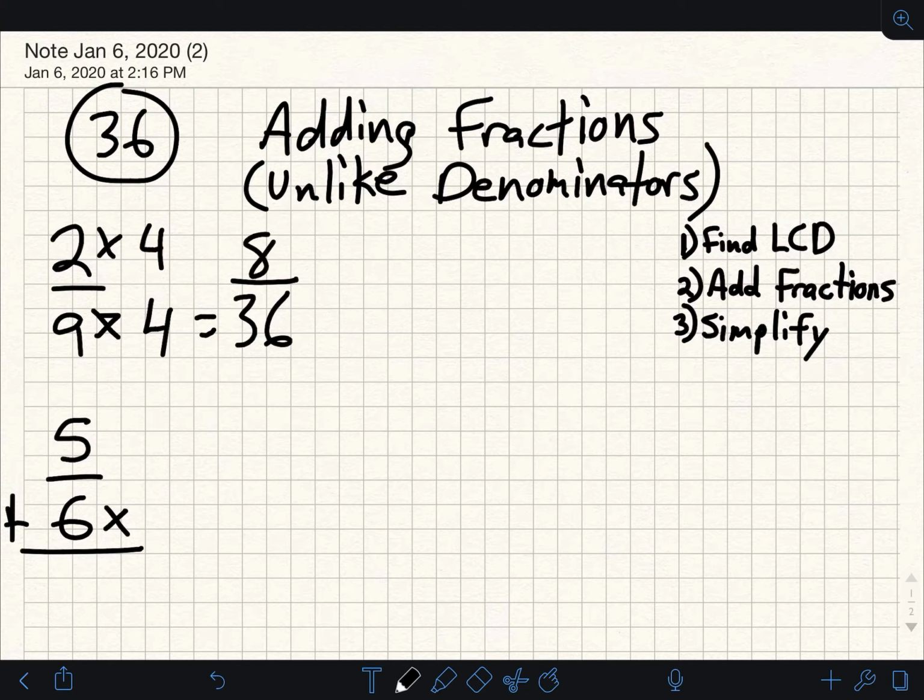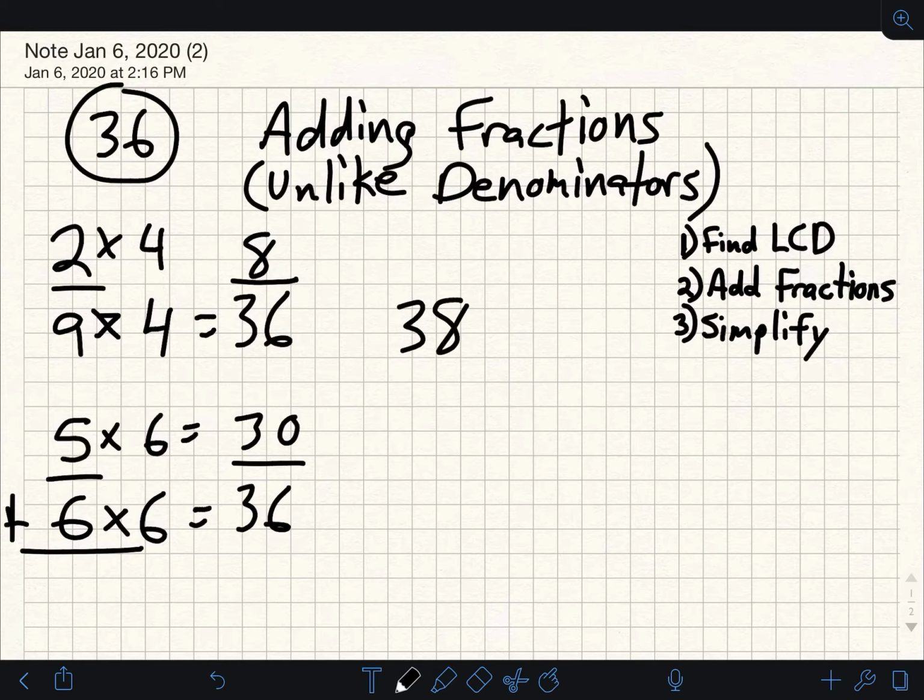And 6 times 6 is going to be 36. And 5 times 6 is going to be 30. So now we have 8/36 plus 30/36. We have the same denominator, so we can add our fractions. So 30 plus 8 is going to be 38/36.